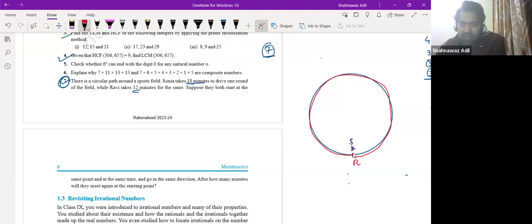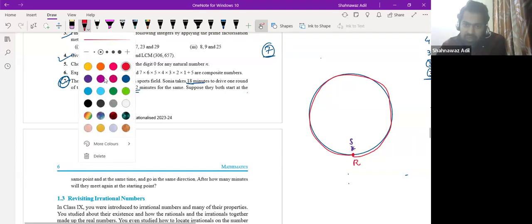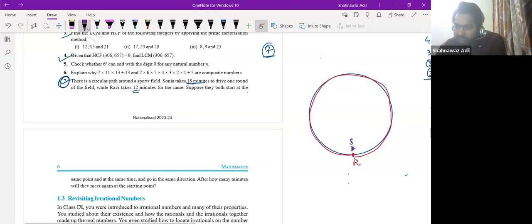But what about Sonia? Sonia is still behind, because Sonia takes 18 minutes. In 12 minutes, Ravi is at this exact same position, but Sonia is somewhere here.